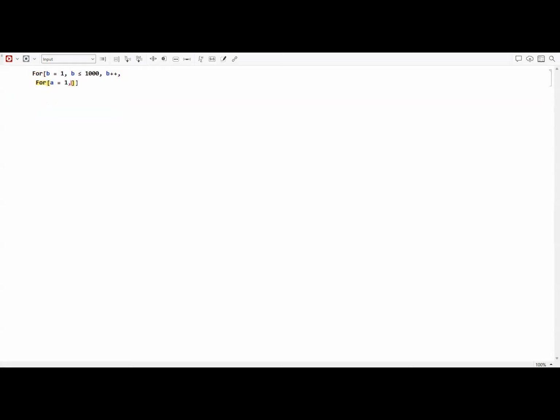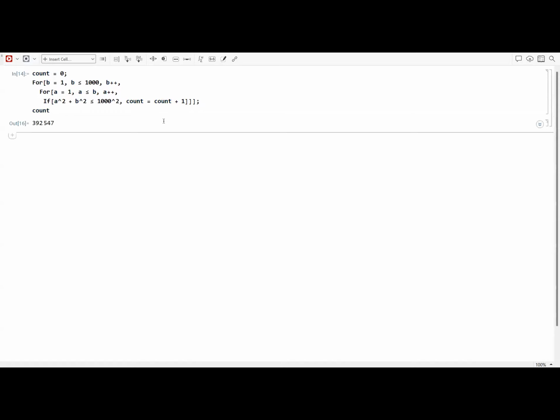For a equals 1, a less than or equal to b, a plus plus, and then if a squared plus b squared is less than or equal to, so we were having both of them go up to the square root of x, so this would be up to 1,000 squared, then count equals count plus 1. And I'll initialize count to be 0. And then let's print count. And so we'll also print pi divided by 4.